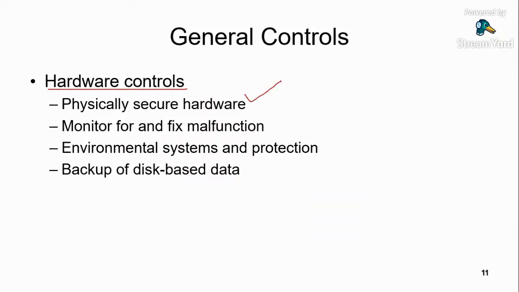So it includes maybe the security personnel, then biometric security, then CCTVs, all these things are there, in monitoring this hardware faults and fixing any kind of malfunctions. For example, we have seen yesterday the air conditioner system is old and it might be malfunctioning.